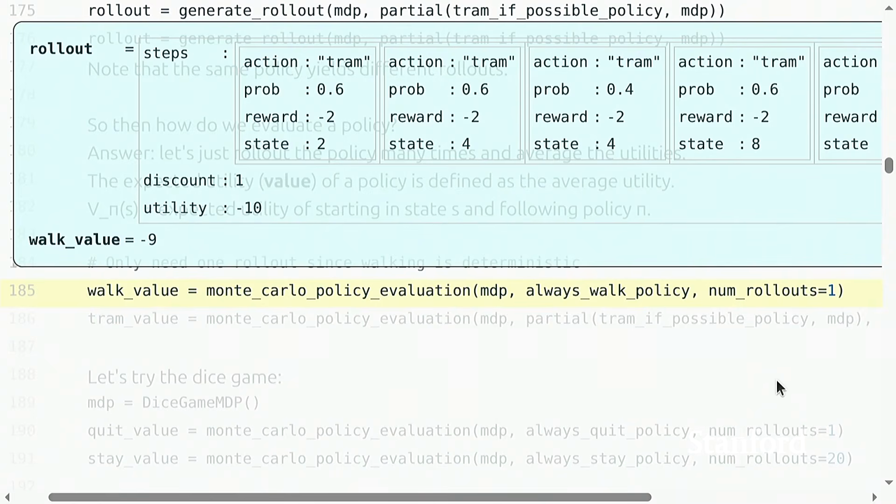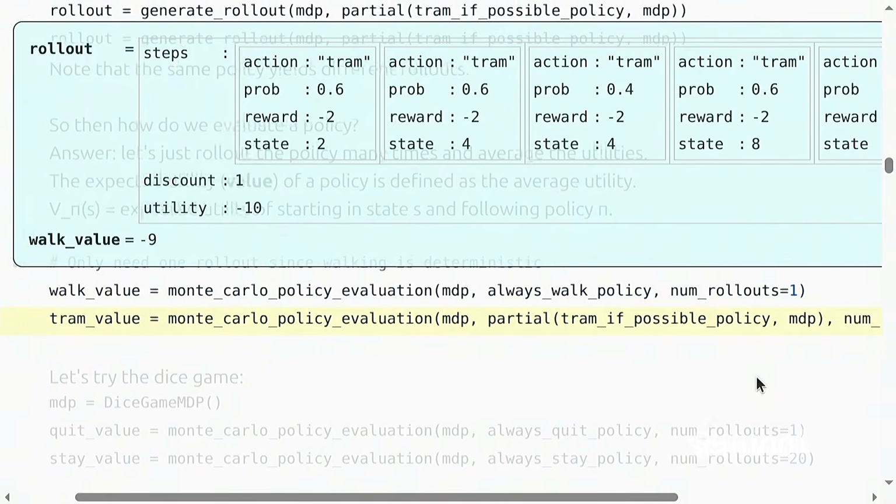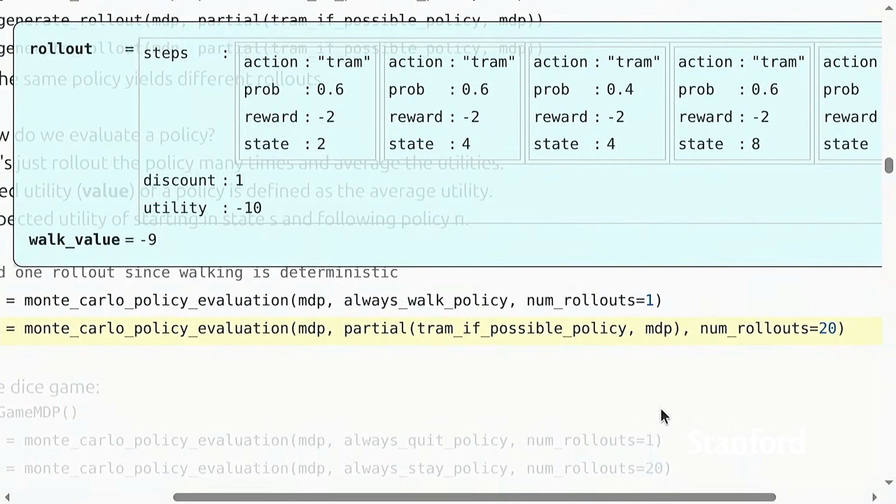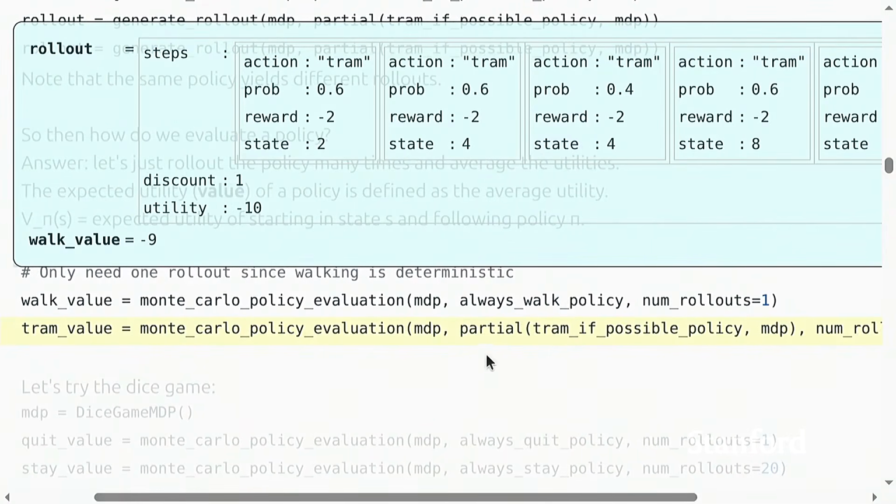Okay, so for the tram if possible policy, I'm going to do 20 rollouts. And just in case, this partial notation basically says this function takes two arguments. Partial applies it to the one argument, and the result is a function that takes the second argument.